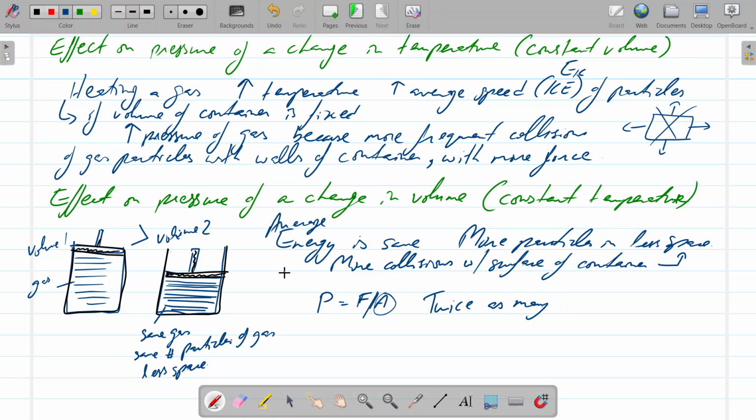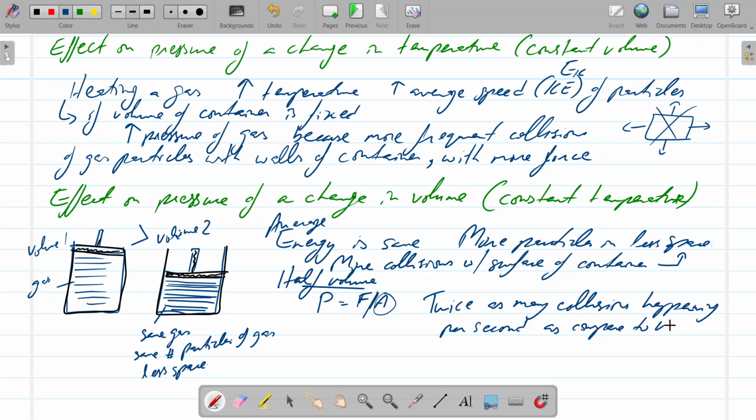So you have half the volume, and so you've got twice as many collisions occurring per second as compared to volume 1. And that will cause the pressure to increase.